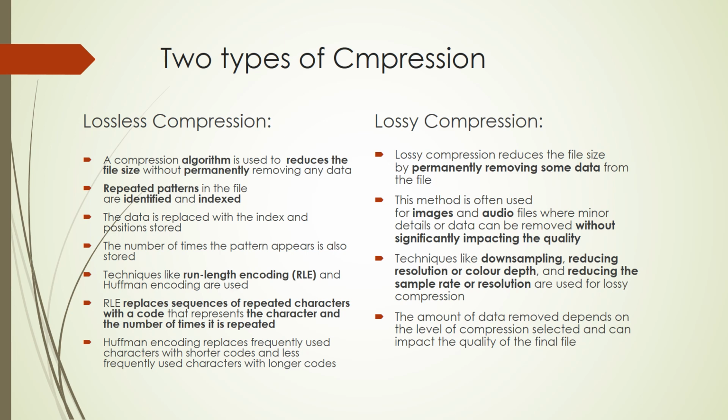Huffman encoding replaces frequently used characters with shorter codes and less frequently used characters with longer codes. In lossy compression, the amount of data removed depends on the level of compression selected and can impact the quality of the final file.